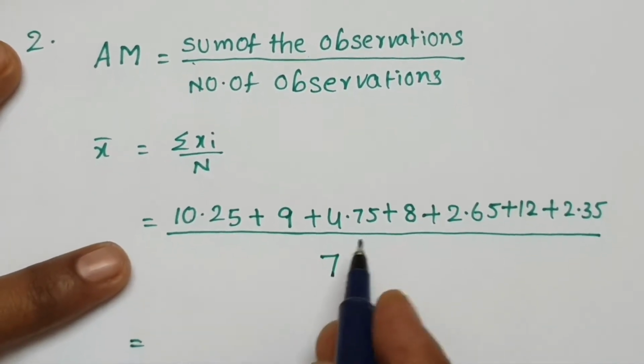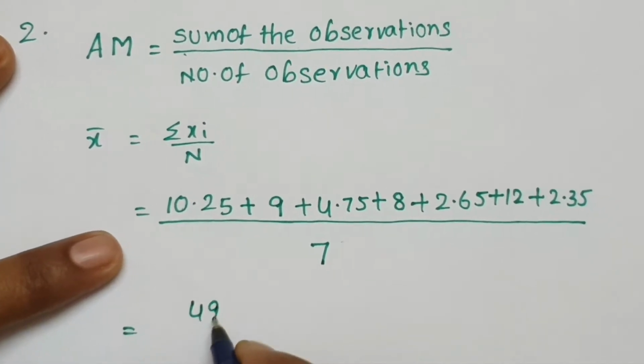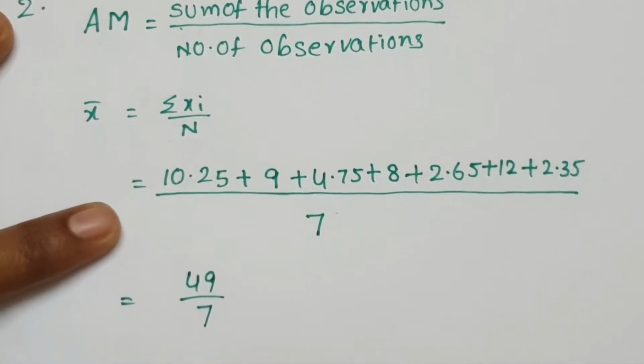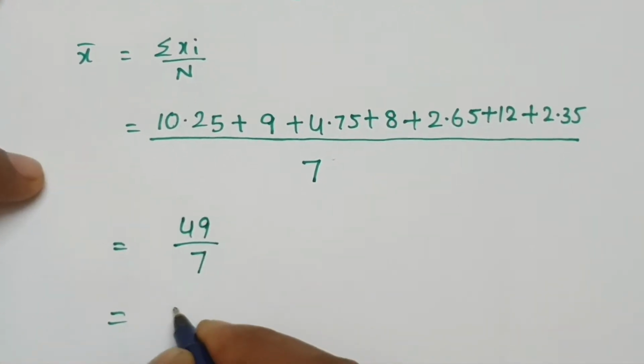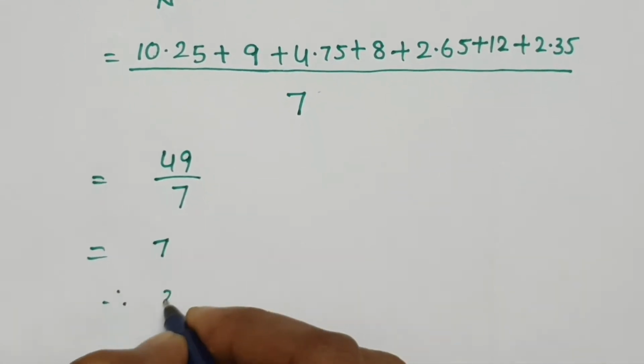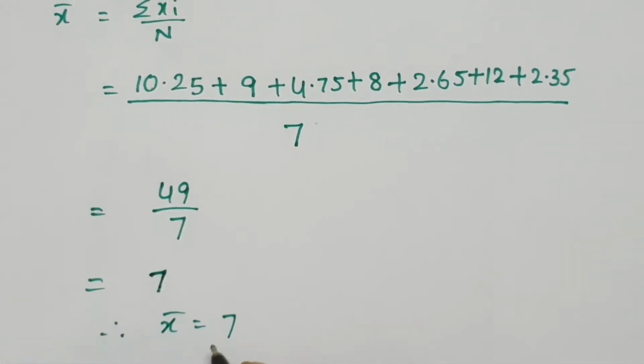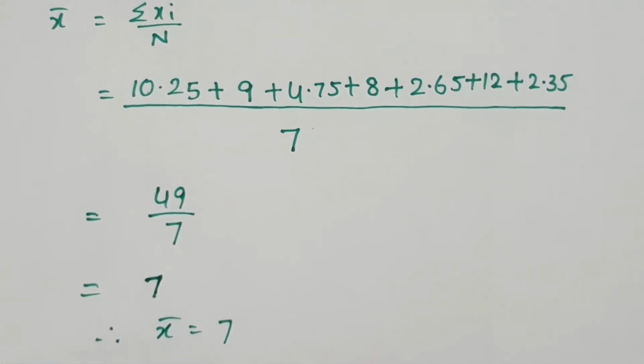This total we add, 49.00. So 49 by 7. Here again cancellation, 7 sevens 49, 7. Therefore x bar equal to 7. Arithmetic mean or average.